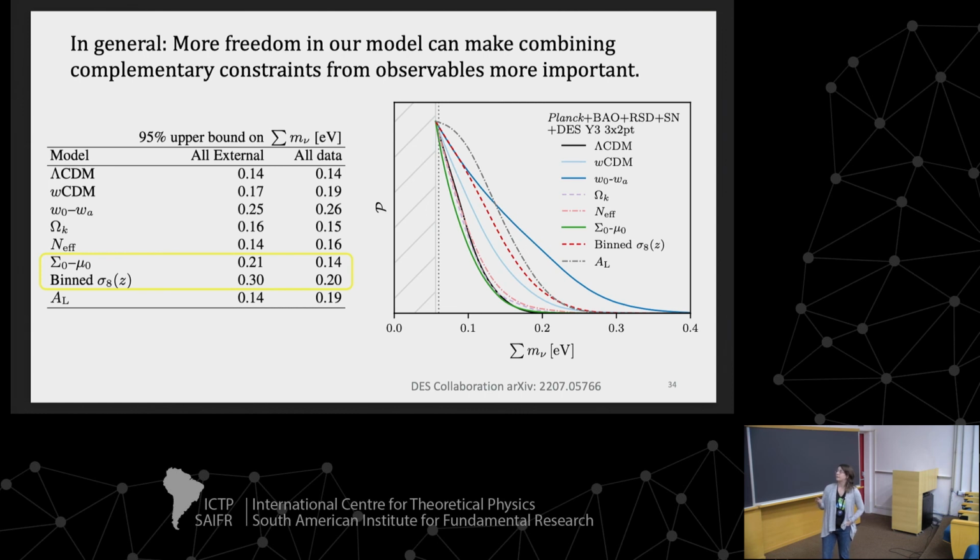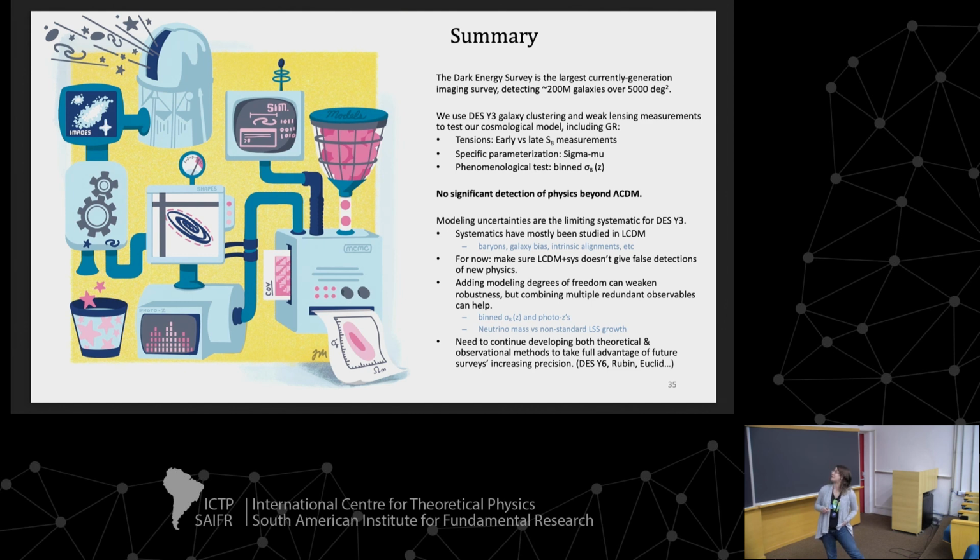This could apply for neutrino mass, and potentially many other things. But redundant measurements of structure growth are important because structure growth is hard to disentangle from systematic effects. And that, I think, is one of the main takeaway points.